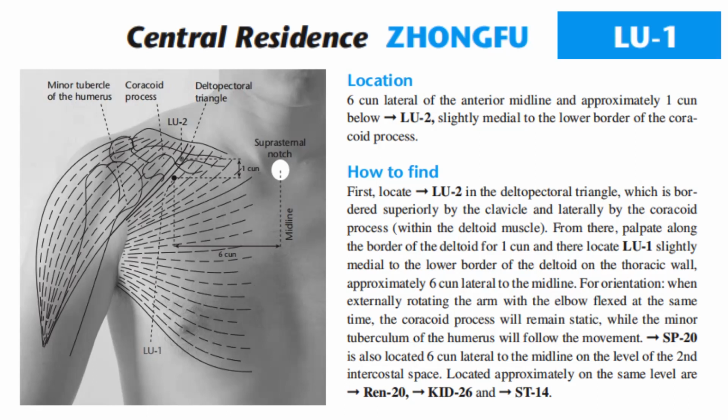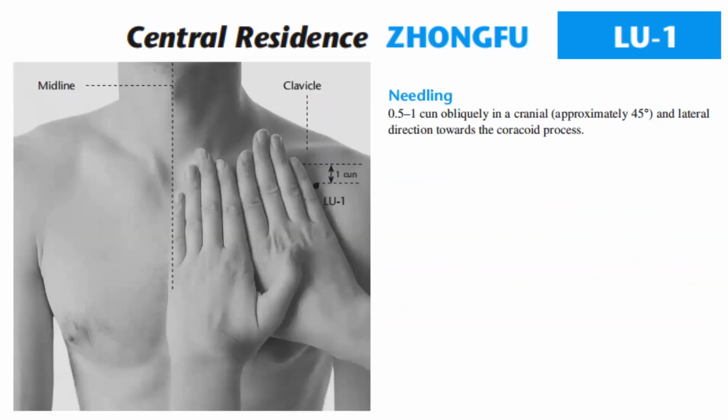Located approximately on the same level are REN 20, kidney 26, and stomach 14. Needling of lung 1: 0.5 to 1 tun, obliquely in a cranial approximately 45 degrees and lateral direction towards the coracoid process.